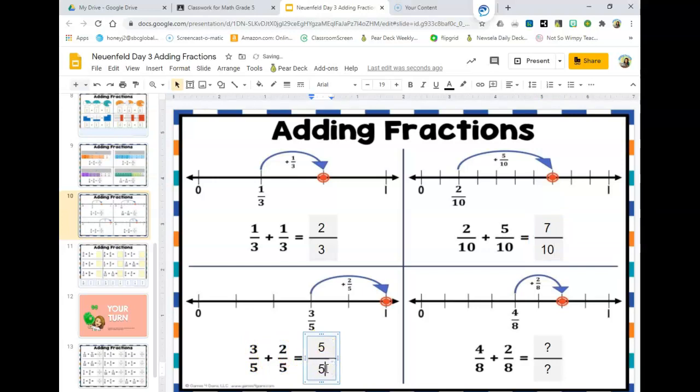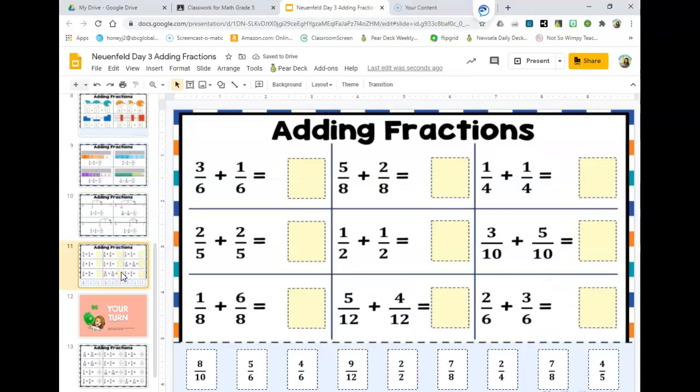And my denominator stays the same. Remember, if the top and the bottom number are identical, the answer is not just 5/5, it's 1. 4 eighths plus 2 eighths, 4 plus 2 equals 6, and the 8 is also going to remain the same.